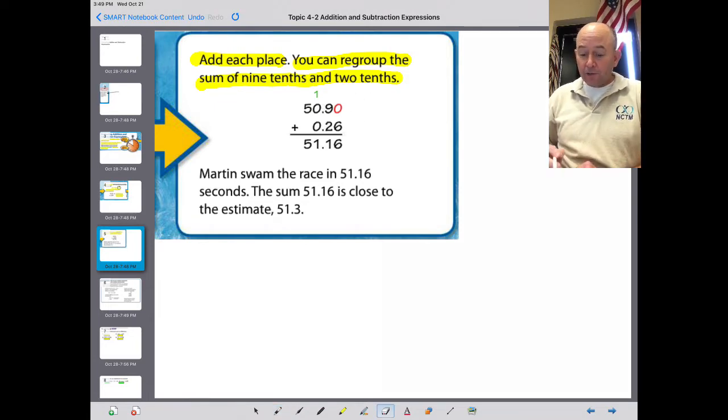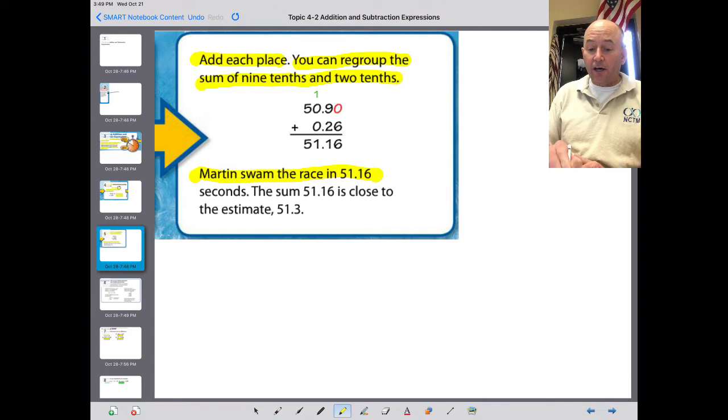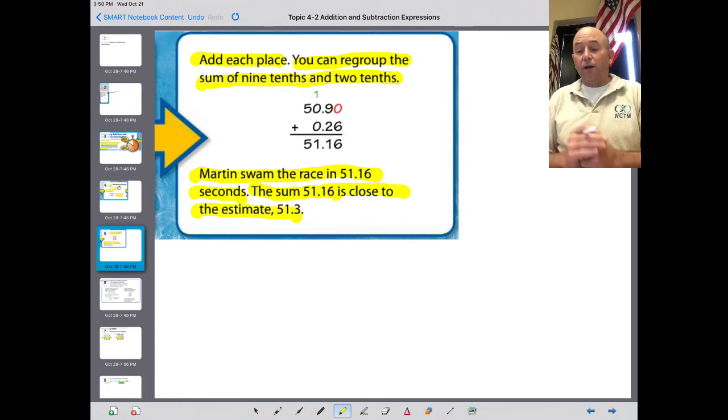So the answer to this problem: Martin swam the race in 51 and 1/1600 seconds. The sum of 51 and 1/1600 seconds is close to the estimate of 51 and 3/10.